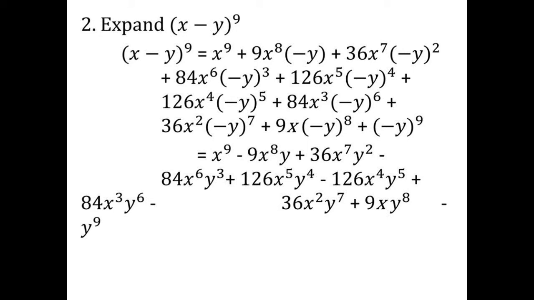The quantity 3x minus 3y to the fourth is equal to 3x to the fourth plus 4 times 3x cubed times negative 3y plus 6 times 3x squared times negative 3y squared plus 4 times 3x times negative 3y cubed plus negative 3y to the fourth, which is equal to 81x to the fourth minus 324x cubed y plus 486x squared y squared minus 324x y cubed plus 81y to the fourth.